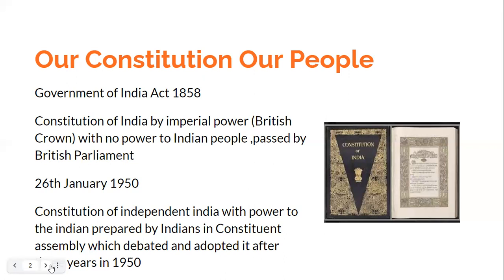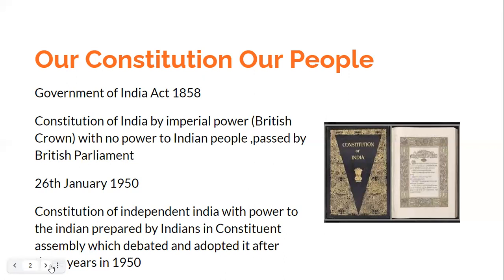You know that in 1857, there was a struggle for Indian independence, which the Indian rulers waged against the British East India Company. And though the Britishers crushed this War of Independence, as it is known, of 1857, the power was transferred from the East India Company to the British Parliament.